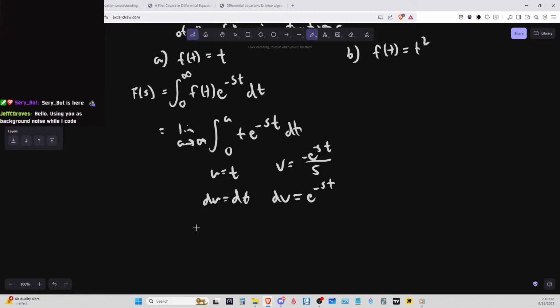Alright, so now we can write this. So the limit of, I don't like the way that infinity symbol looked. There we go. Much better.